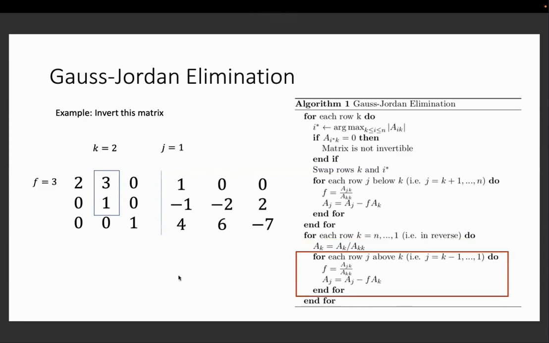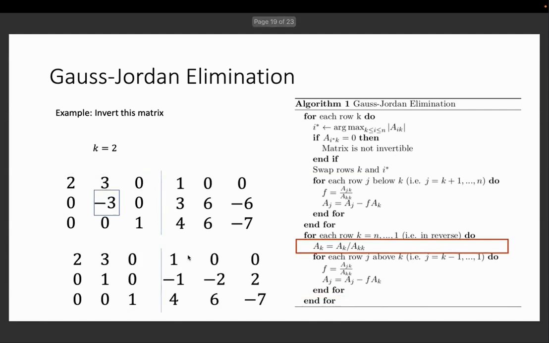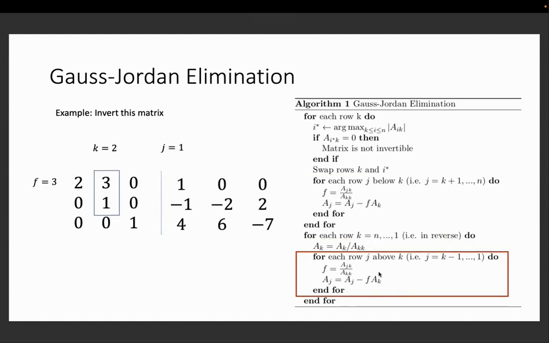So for example, here we just need to make sure that 3 is going to change to 0, and then 2 should be converted to 1. So in the next step, j is equal to 1 because k is equal to 2, and j is equal to k minus 1.